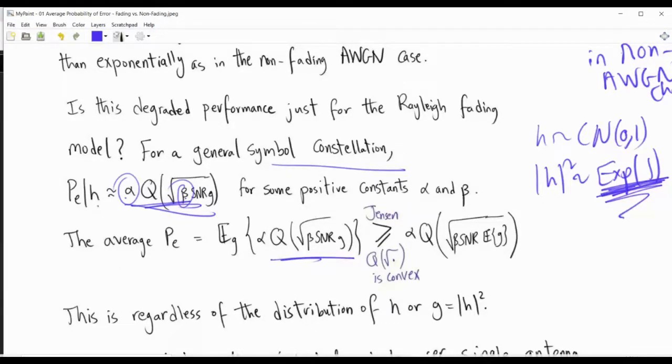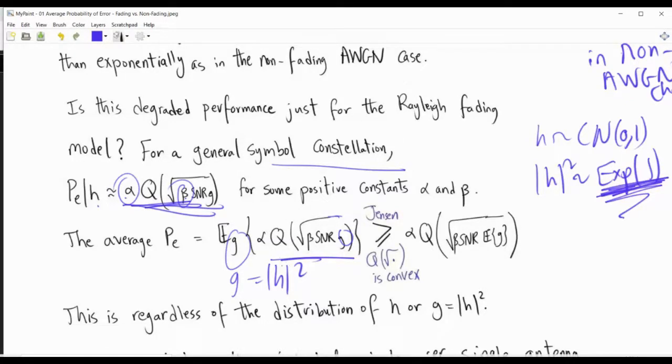So in the fading case, you will not stop at the Q function. What you will do is average over the magnitude squared of the channel. You can check in the notes, there is a detailed demonstration that this function is a convex function. If not, you can simply differentiate it twice and show that the second derivative is non-negative.